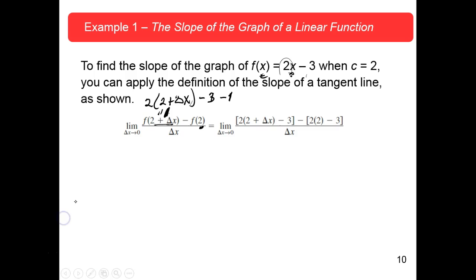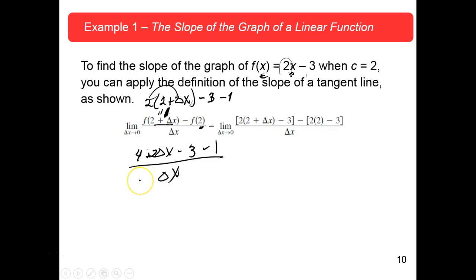Okay, so let's figure out what this is. This is 4 plus 2 delta x minus 3 minus 1, and this is over delta x.